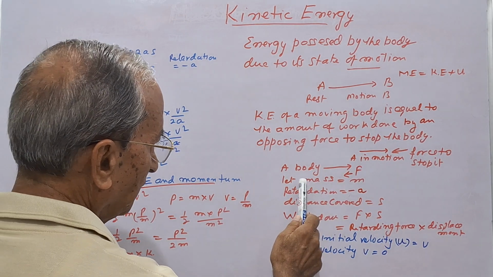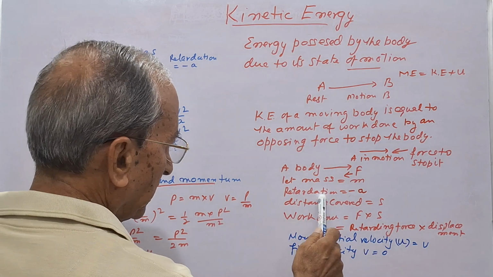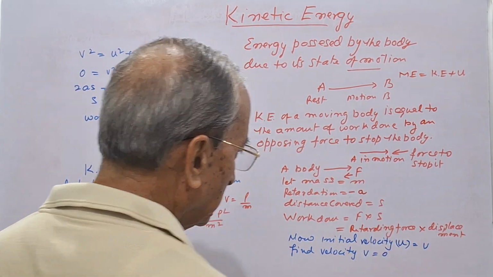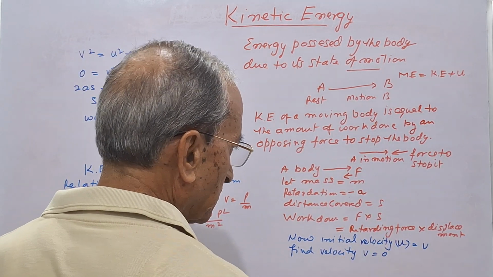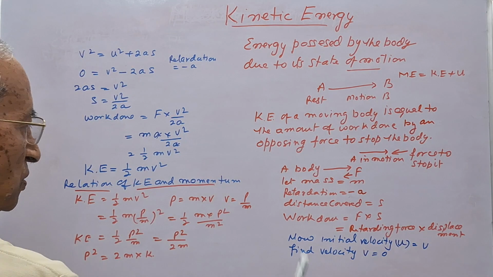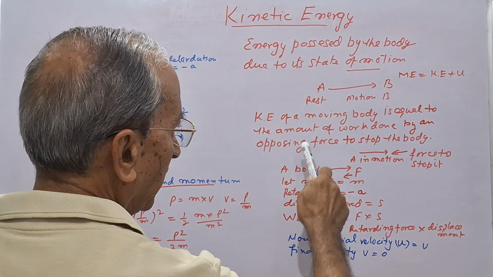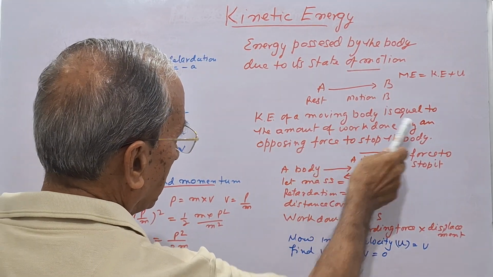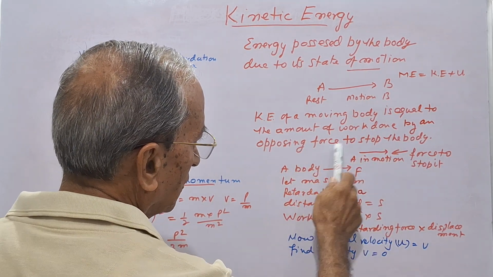So if the mass of the object is m, retardation is minus a, and the distance covered is s, then the work done is equal to force into displacement. This force is the retarding force. So this amount of work done is equal to the kinetic energy, that is, the kinetic energy of a moving body is equal to the amount of work done by an opposing force to stop the body.